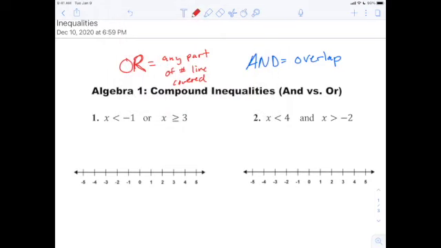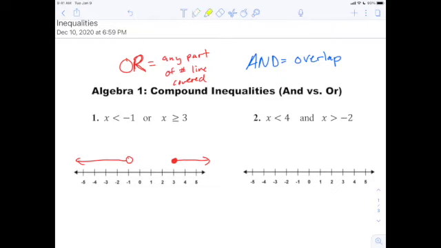The first one: x is less than -1 or x is greater than or equal to 3. So x is less than -1, open circle at -1, shaded to the left, or x is greater than or equal to 3. That's what I've been calling the normal or situation: two arrows going in opposite directions with no overlap.